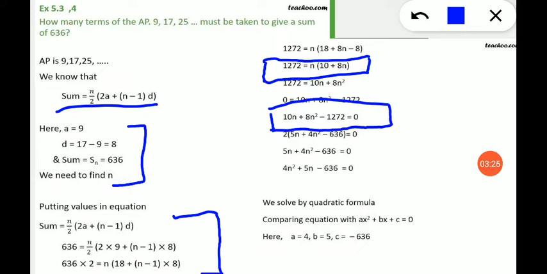Here 2 is common, so we will take out 2 and shift it to the right hand side, and the equation becomes 5n plus 4n square minus 636 is equal to 0. And finally we get a quadratic equation 4n square plus 5n minus 636 is equal to 0. Got it? I hope till now it is clear to you.